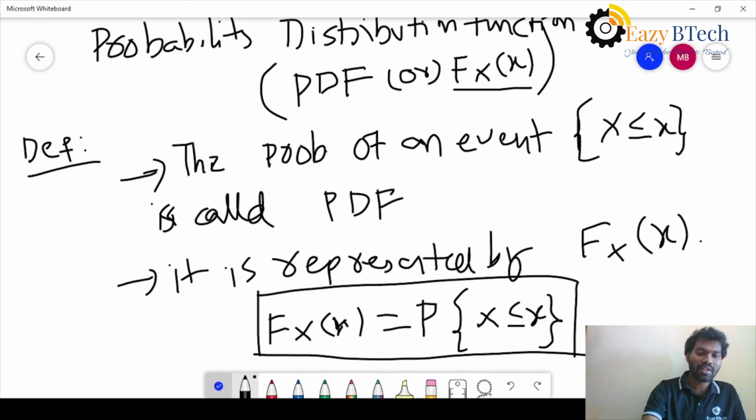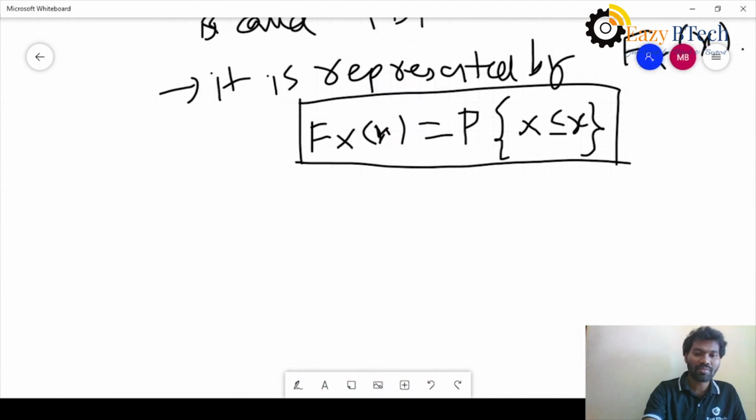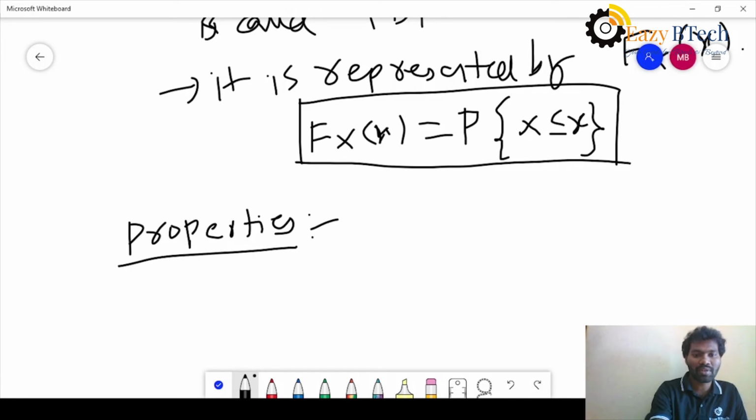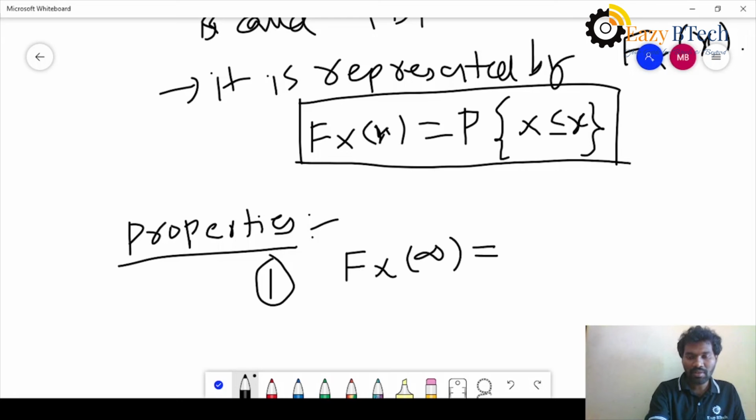Now moving on to the properties of the probability distribution function. The first property is F_X of minus infinity is always equal to 0.